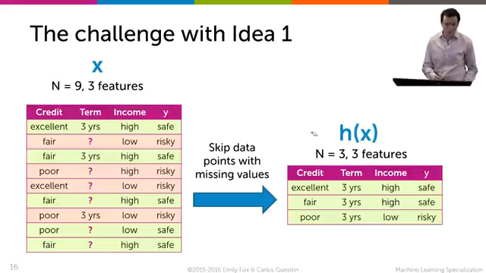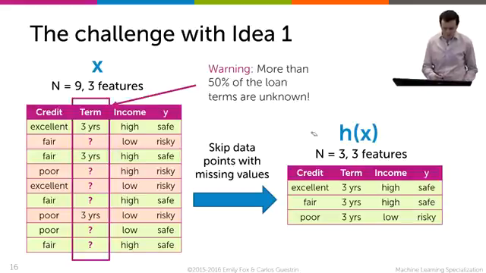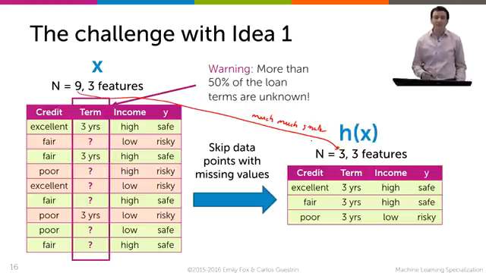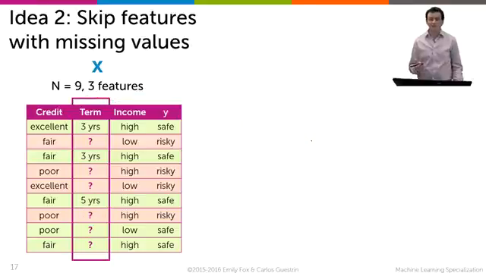So it would become much, much smaller. And that's really bad because term here is missing more than 50% of the data. And that makes your training much worse because you have much less data at the end.